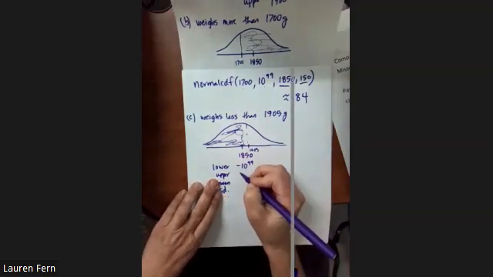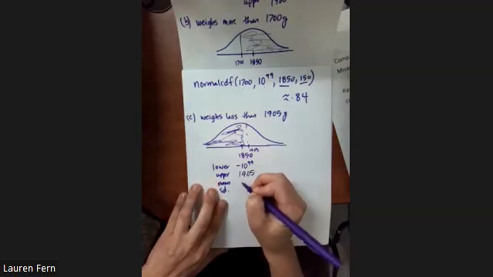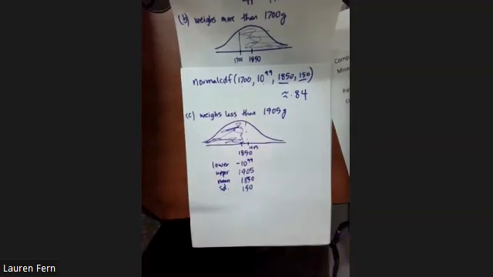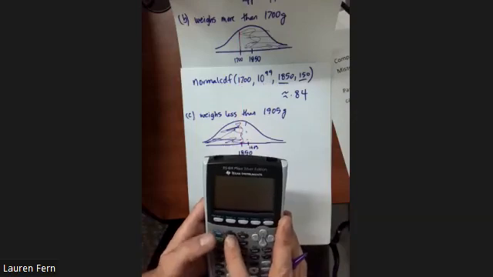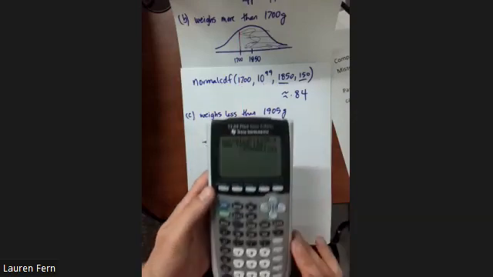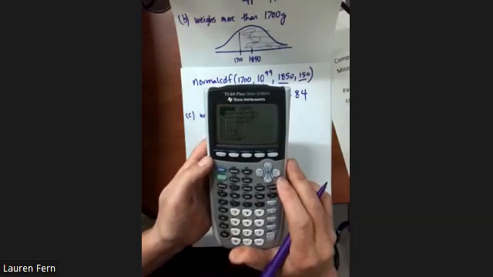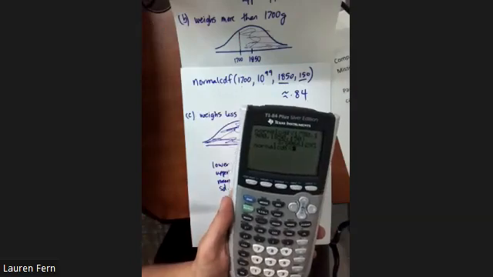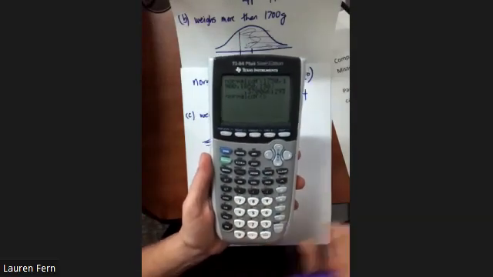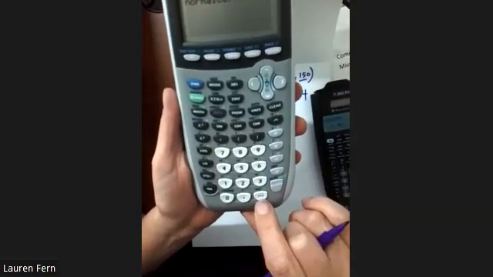And what's my upper bound? 1905, and fortunately my mean and standard deviation do not change. And so for those of you who have this kind of calculator, I'll do this one again. I go to second VARS, I go to normal CDF, and by the way, when you're putting in a negative, my friends, don't put in a subtraction sign.